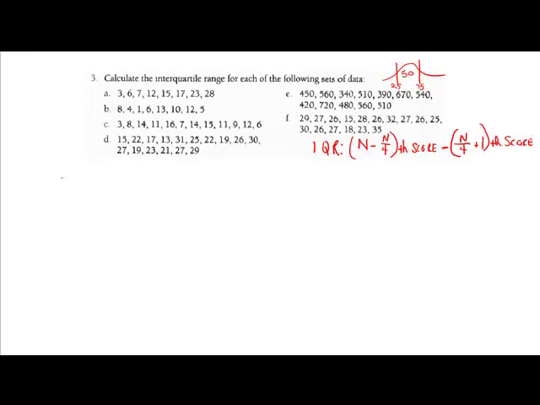Okay, so let's do A. First thing we're going to do with A, I got to find n. So n is the number of observations. 1, 2, 3, 4, 5, 6, 7, 8. So I have 8 observations.